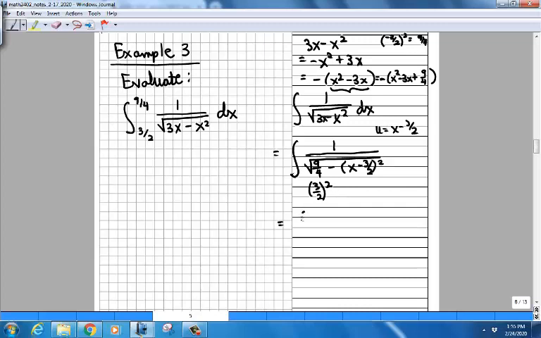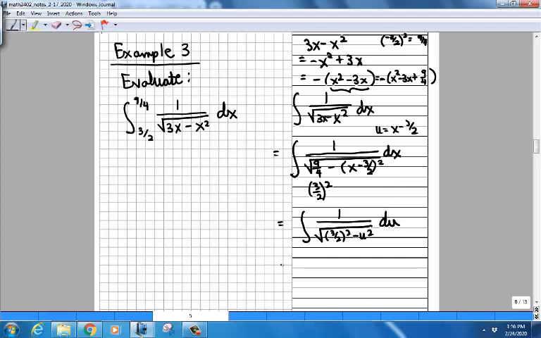So we get, as our antiderivative, 1 over square root of 3/2 squared minus u squared. du is going to be the same as dx. So the dx here, which I dropped, is really du.